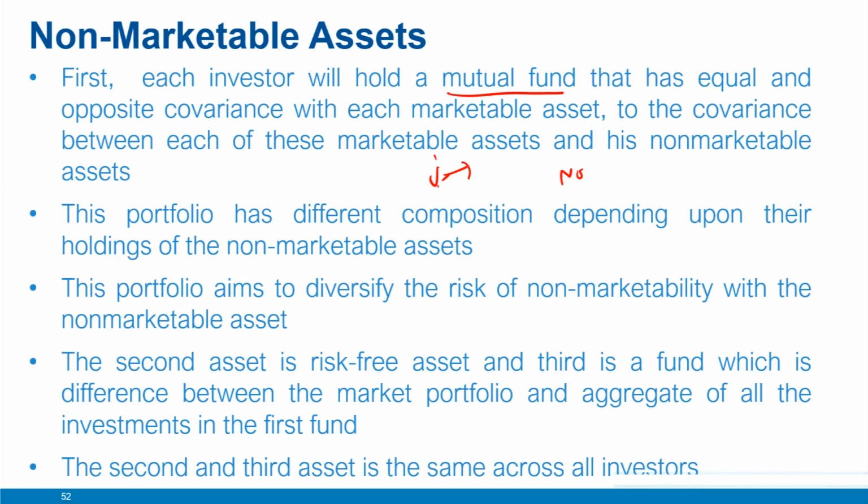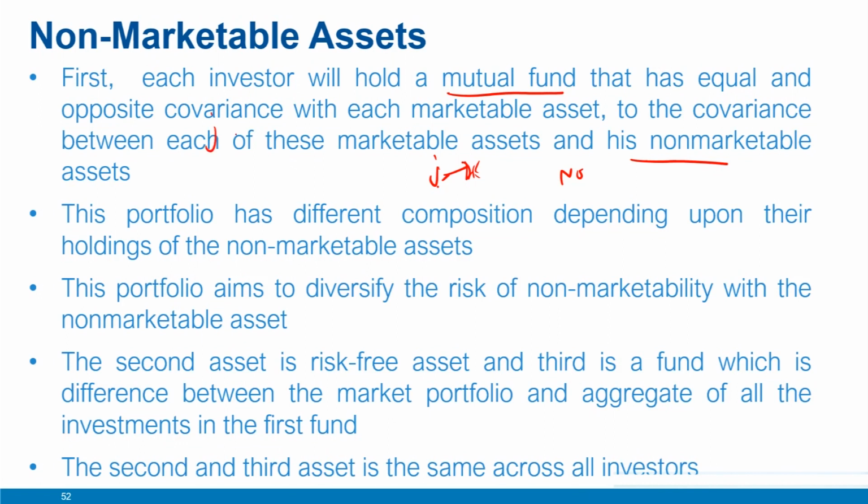So let's say this individual investor's non-marketable assets have some finite correlation or covariance with each of the marketable assets like J, K, and so on. The mutual fund will also have equal in magnitude but opposite correlation with each of the marketable assets in the market as compared with his non-marketable assets.